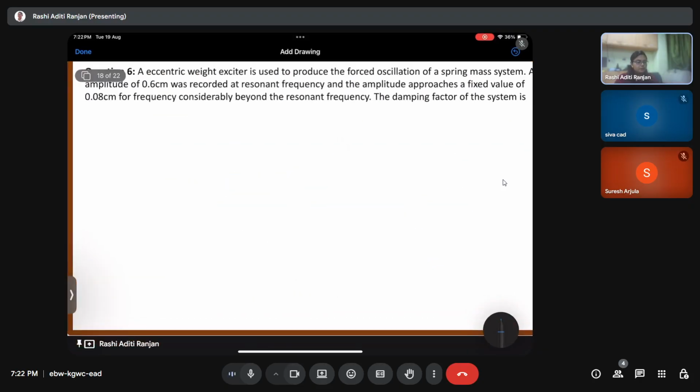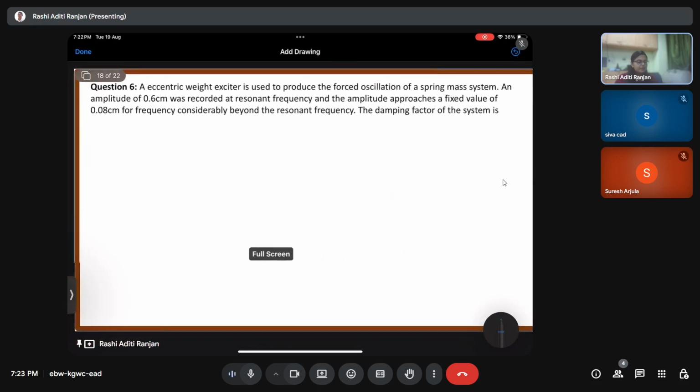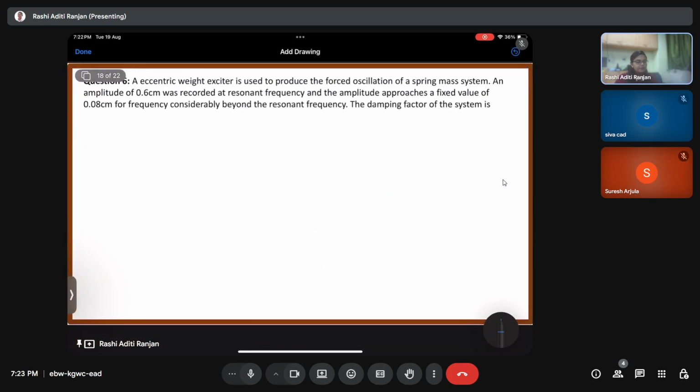So coming on to question number 6, which is about an eccentric weight exciter. An eccentric weight exciter is used to produce the forced oscillation of a spring mass system.